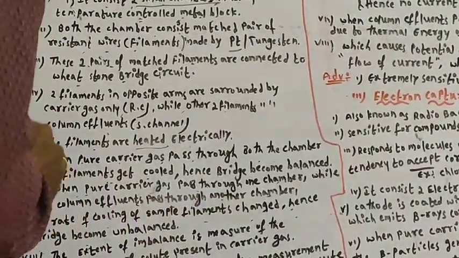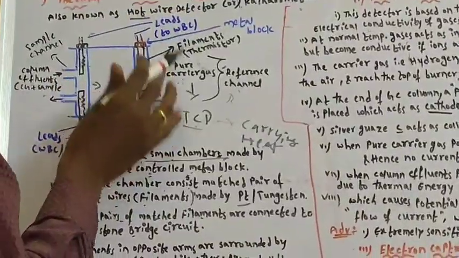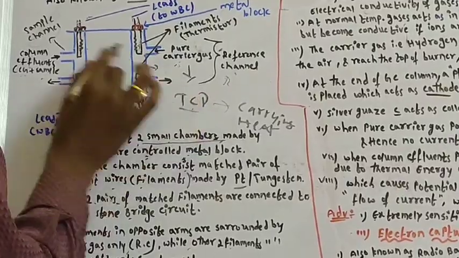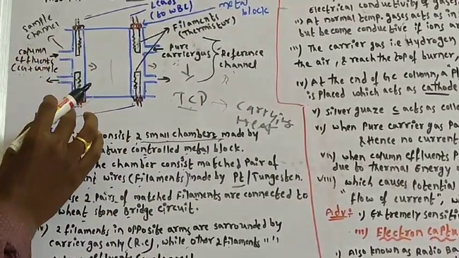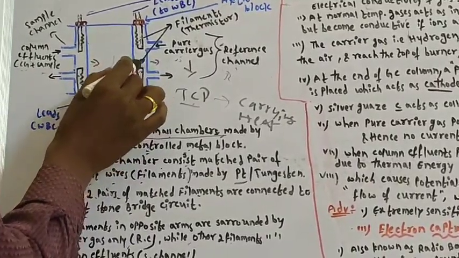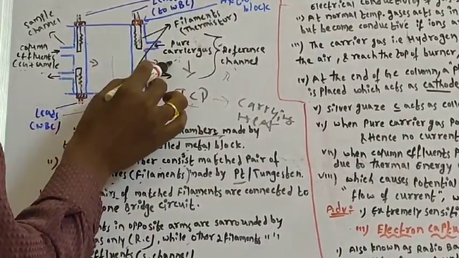This is an important thing. In one chamber only pure carrier gas passes through, and in the other chamber column effluent passes through. Here the rate of cooling of the filaments by carrier gas is different.